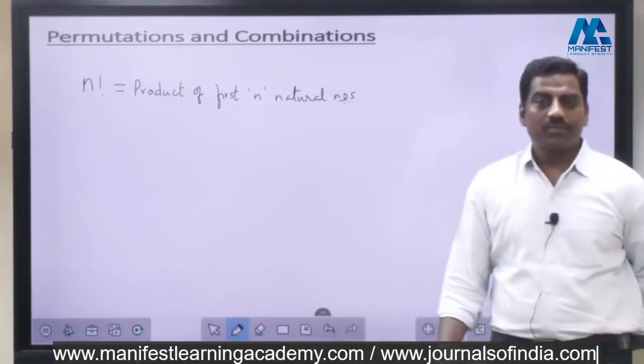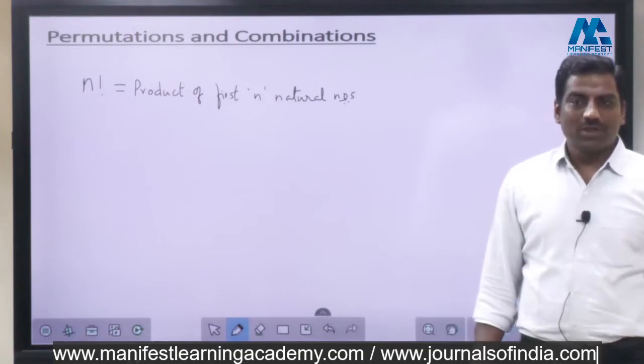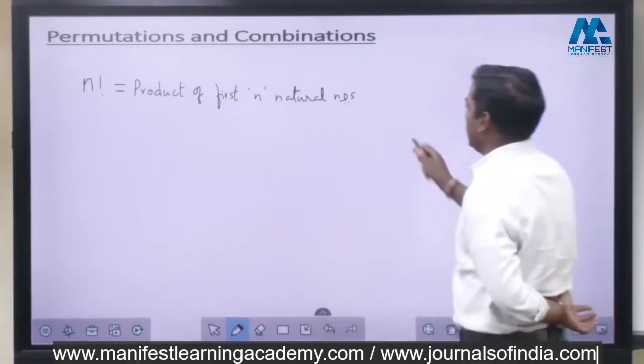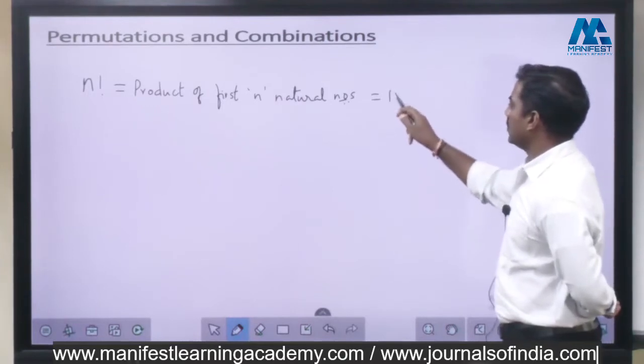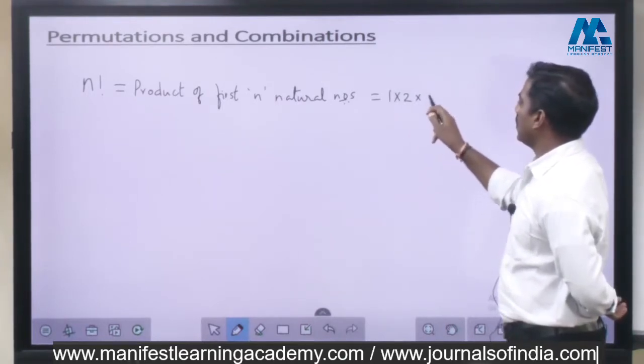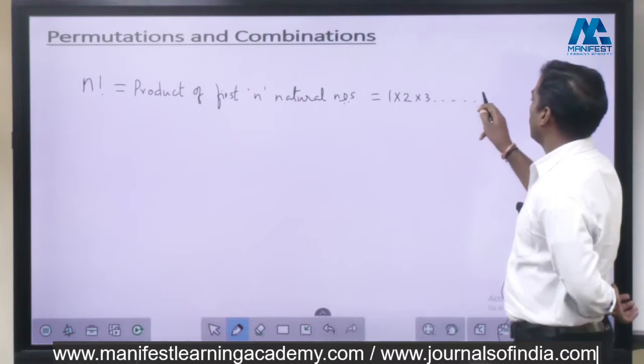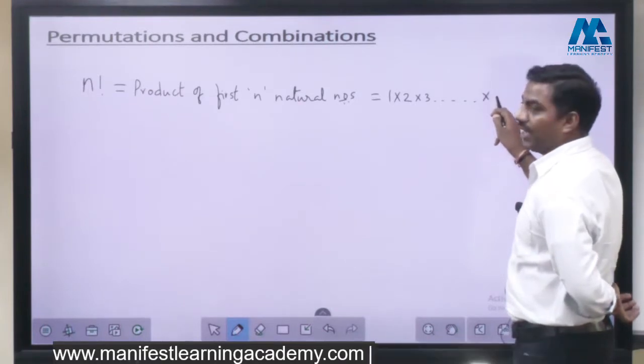Product of first n natural numbers. So if I start multiplying from 1, up to where I multiply?